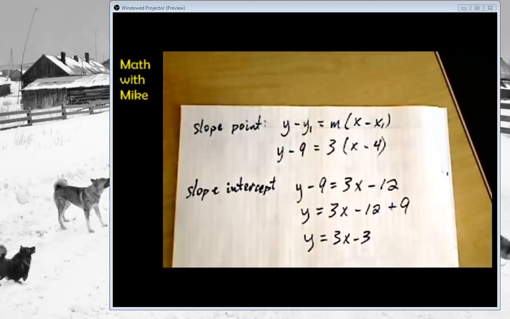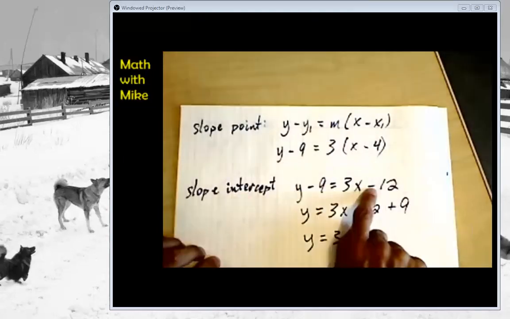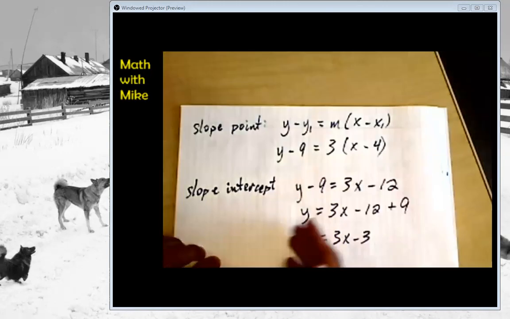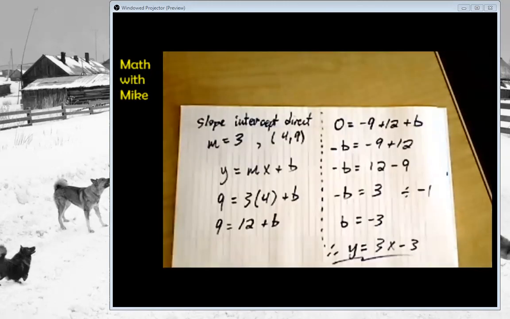The question didn't say which one, so if that happens, choose the one you like. This shows you how to convert from slope point to slope intercept. Let's multiply through, move everything over. And then the last page, which is going directly to that slope intercept style. Same answer, 3x minus 3.